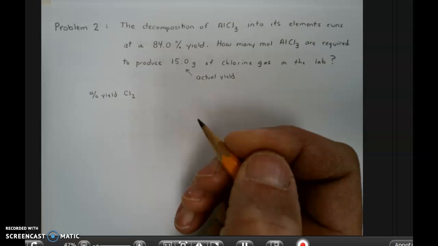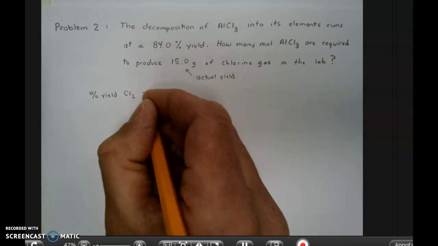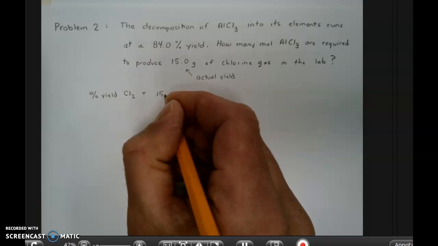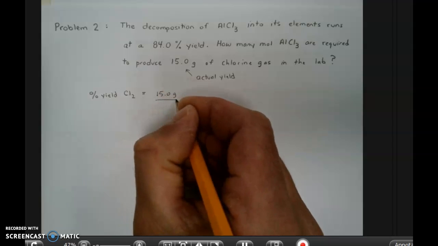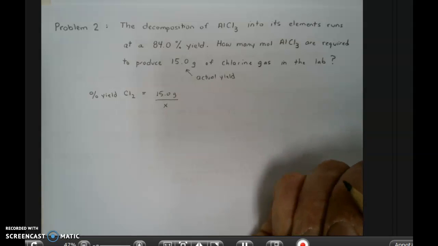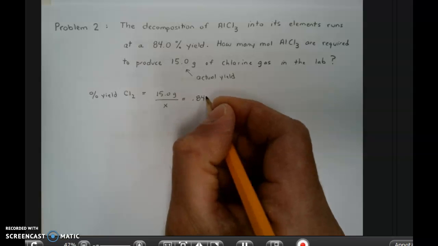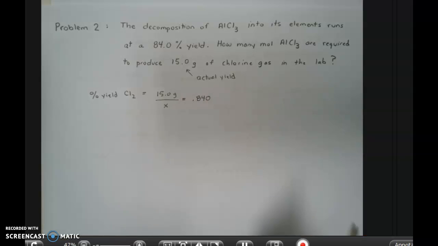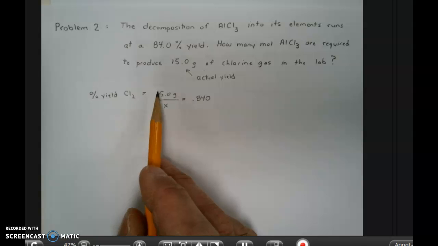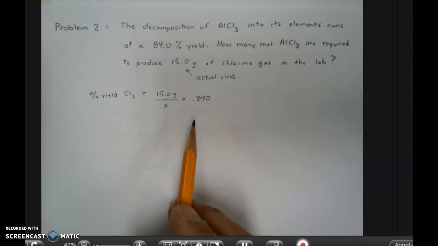That's the chemical we're looking at. You can only do a percent yield formula with a product equals the 15 grams that I actually got over X, which is, I don't know what the theoretical yield is, but they say it runs at an 84% yield. So I can set up actual over X equals 0.840.